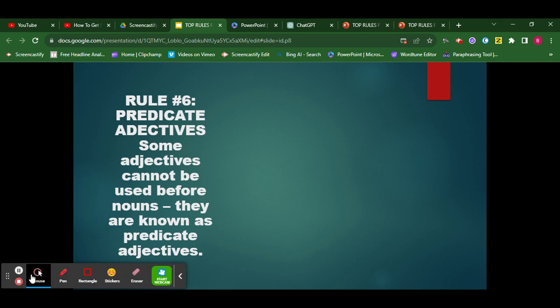But at this point, let's now take a look at examples of what we mean by predicate adjectives. For example, the man is alone. You cannot use this as a modifier before a noun. It cannot be used before a noun.